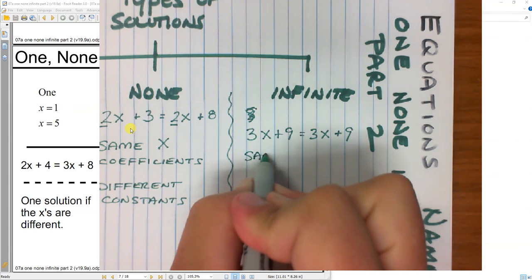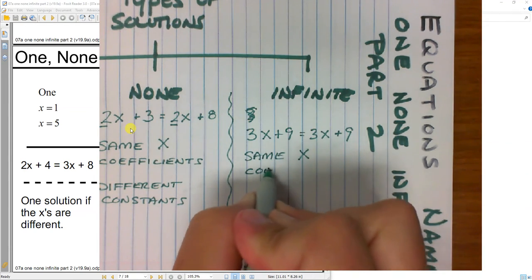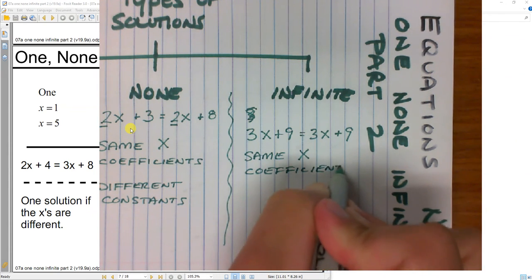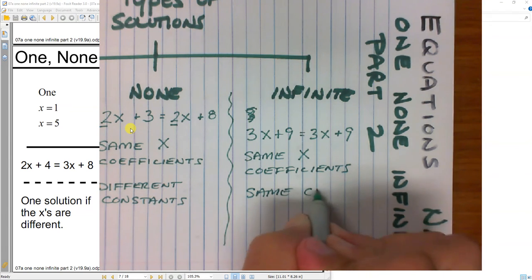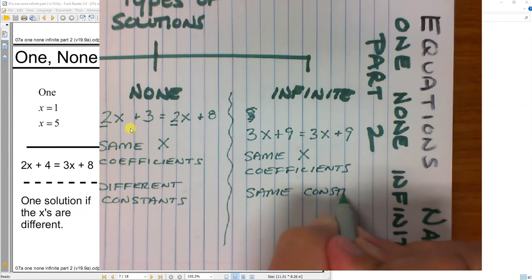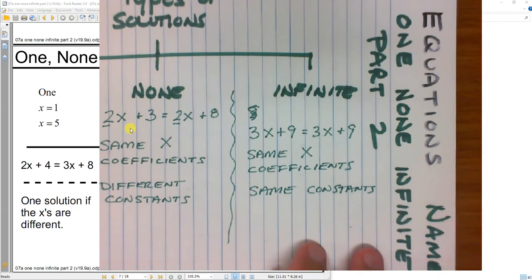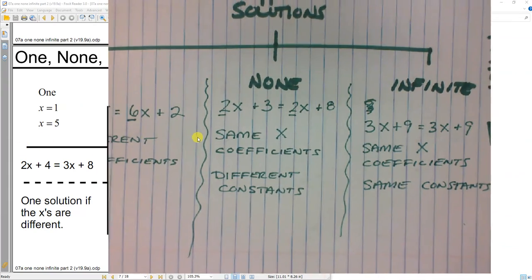Same x coefficients, same constants. And really, using this thinking map and the previous thinking map, it's everything we need to do these problems. So let's do some problems here.